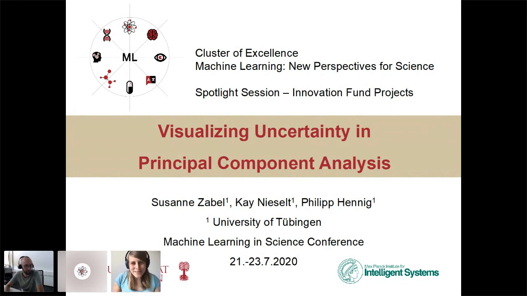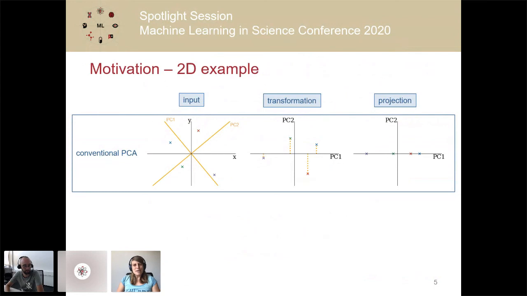Thank you. I want to directly start with my first slide. Dimensionality reduction techniques can be used to visualize high-dimensional data by projecting them down into a lower dimensional subspace. These projections should be meaningful, such that properties of the data in high-dimensional space are still present in the low-dimensional representation.